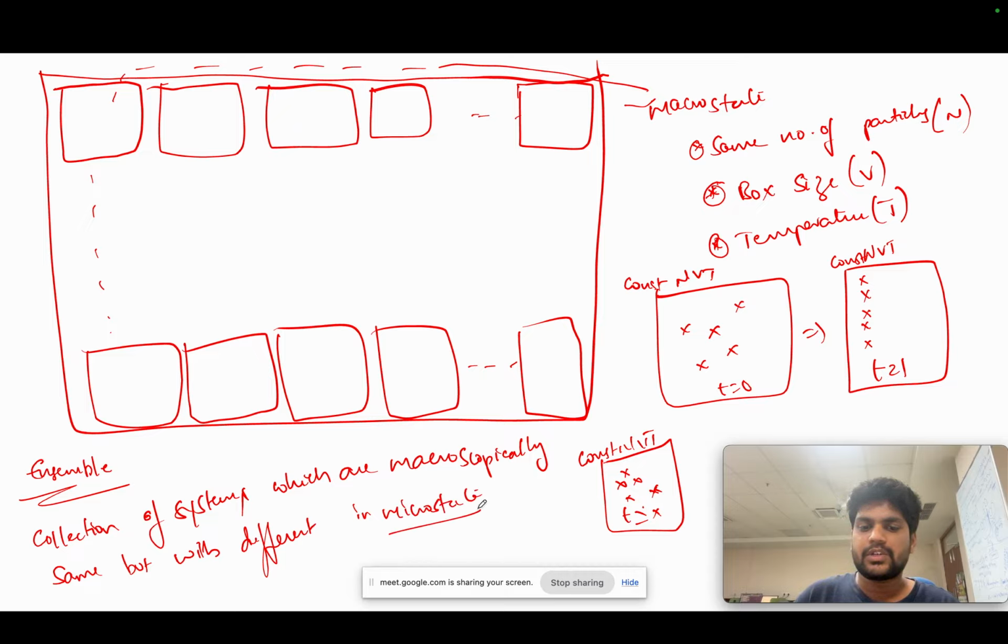What we mean by microstate here is that we are changing the position and the momentum of the molecule. So that's what we are discussing. If you take macroscopically, the size and the number of particles, everything is same, and together by doing it for a longer time, you will get the ensemble approach.